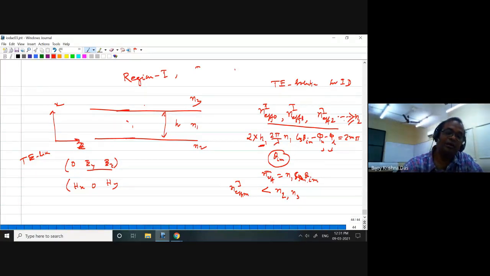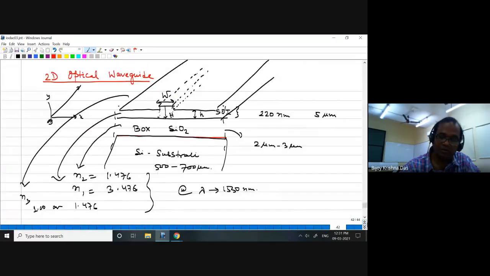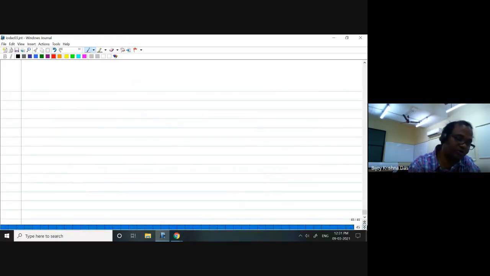So you get a number of solutions using this equation, and whenever you are using phi u and phi l, you have to use the phase change during total internal reflection, the TE and TM solutions, two different equations, right? So you use them, then you get a solution. Similarly, you will be getting a solution for region 2.